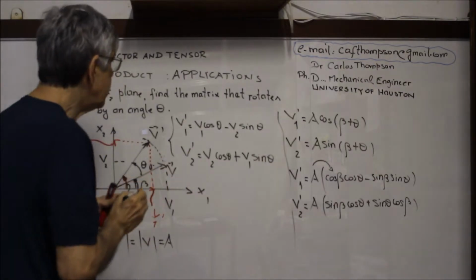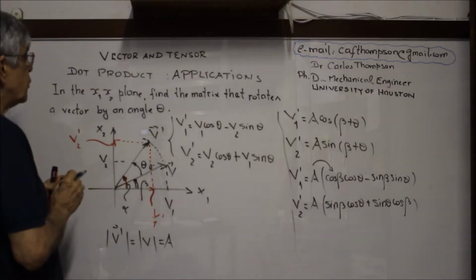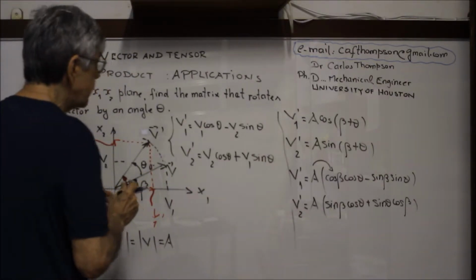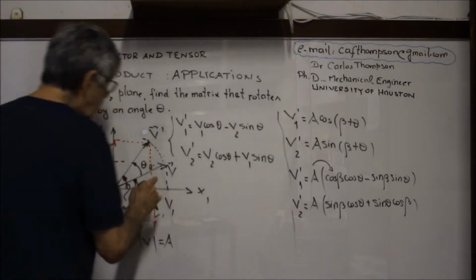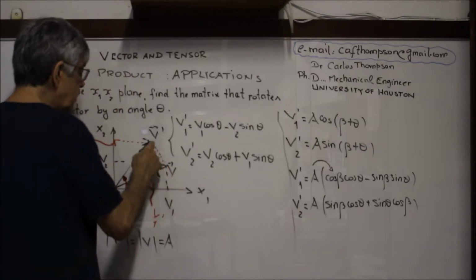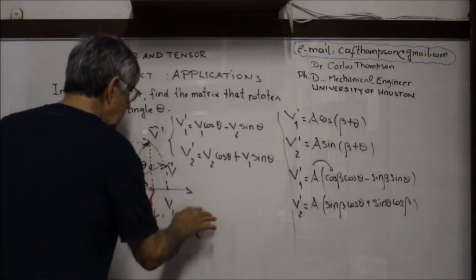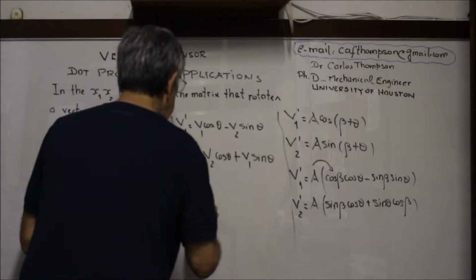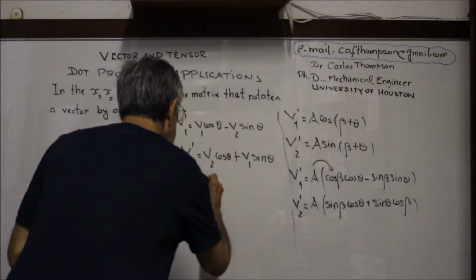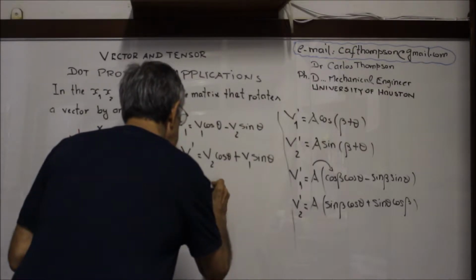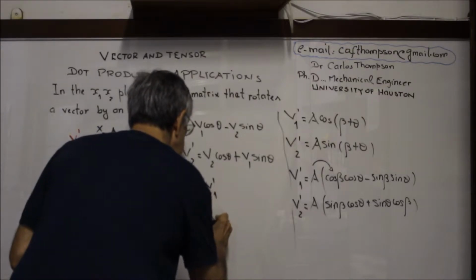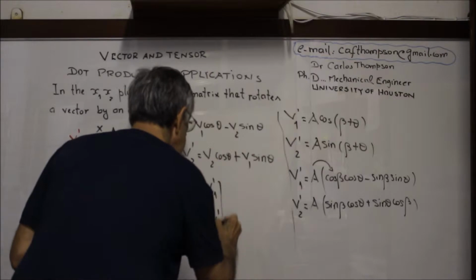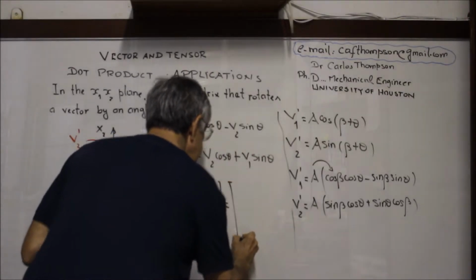Now, you are ready to find the matrix which rotates this vector V into vector V prime. You just write like this. I put V prime 1, V prime 2. Now comes the matrix.